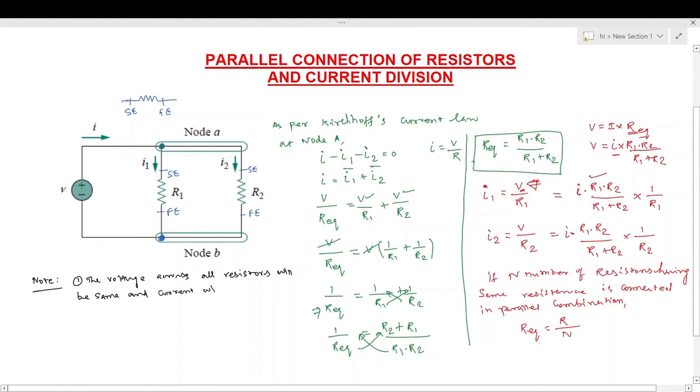Current will vary depending upon each branch resistance.